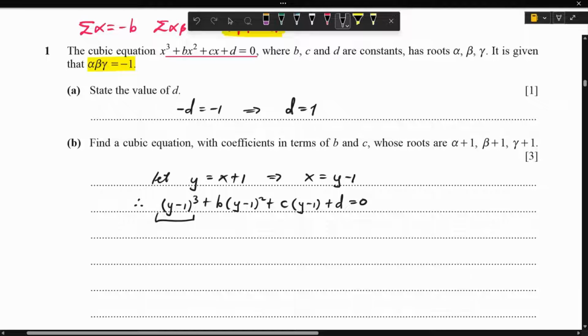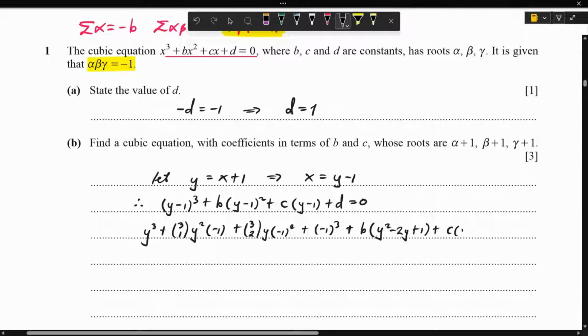So expanding y minus 1 cubed should give us y cubed plus 3 choose 1 of y squared of minus 1, plus 3 choose 2 of y of minus 1 squared, plus minus 1 cubed. And that's going to be plus b of y squared minus 2y plus 1, and that's plus c of y minus 1 plus d equal to 0.